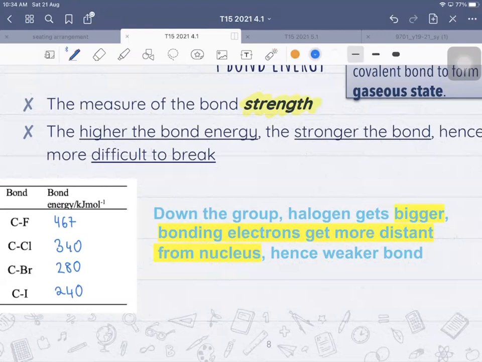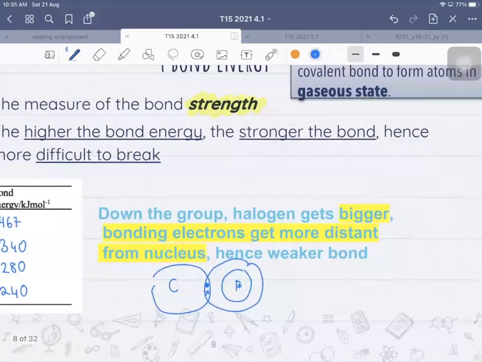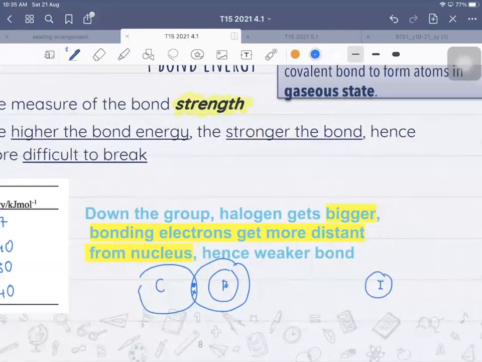If I just draw fluorine, there's an attraction in the middle for the electrons. For example, carbon: the bonding electrons are here, versus iodine, 1, 2, 3, 4, 5.